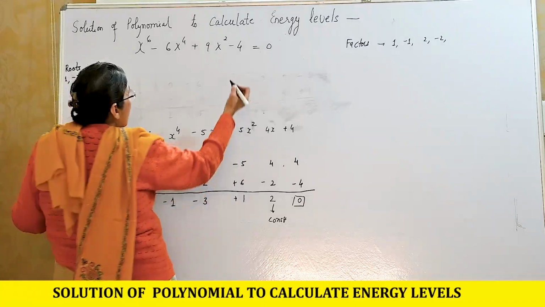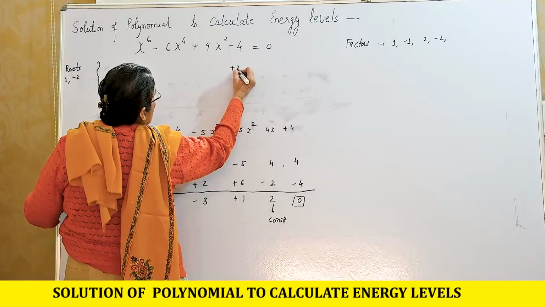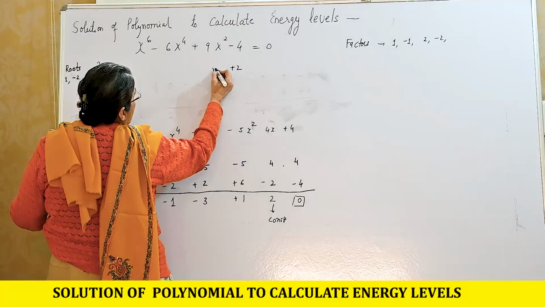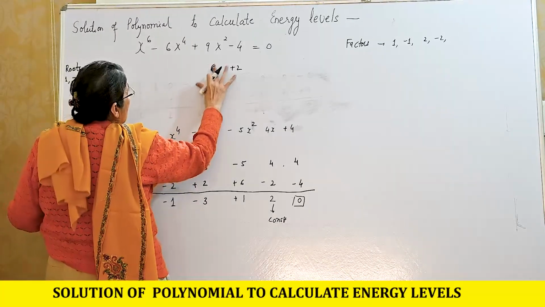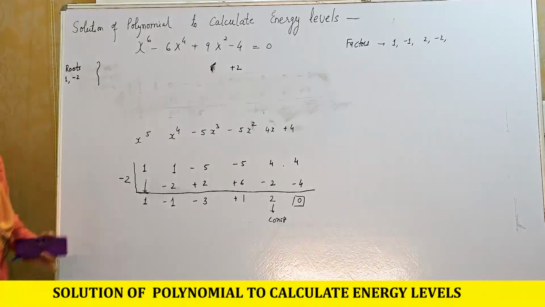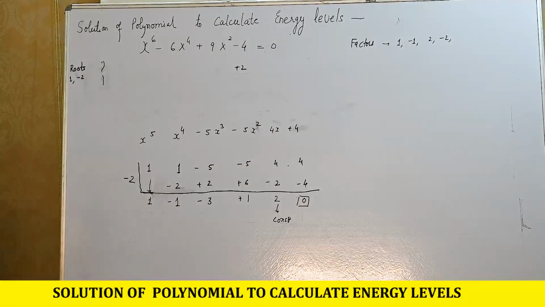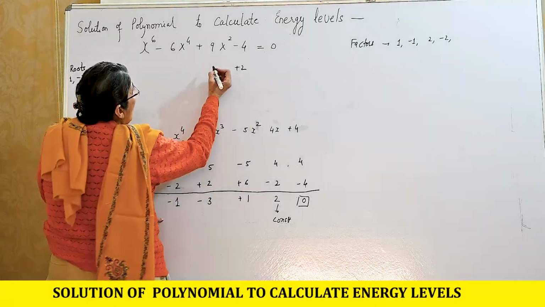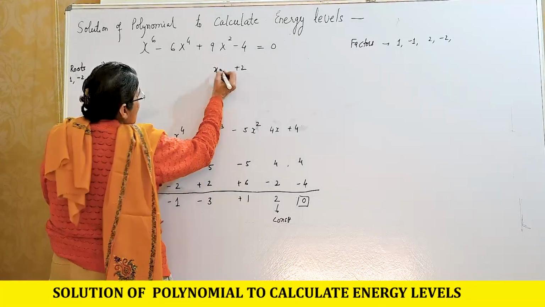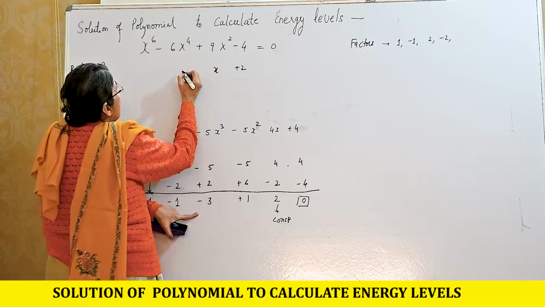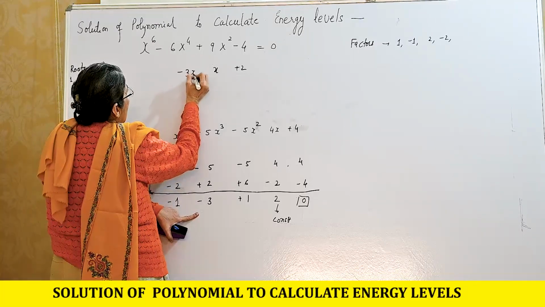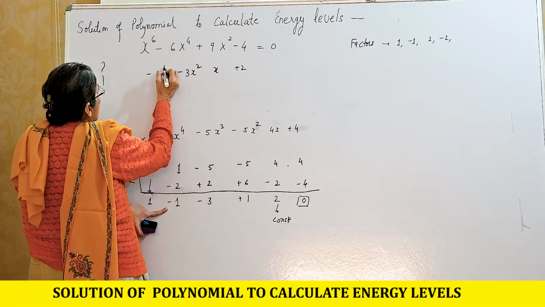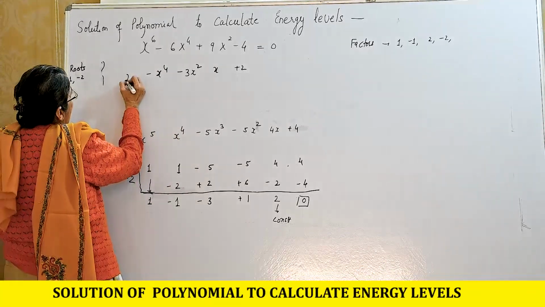So we get plus 2 plus x minus 3x^2 minus x^3 and x^4.